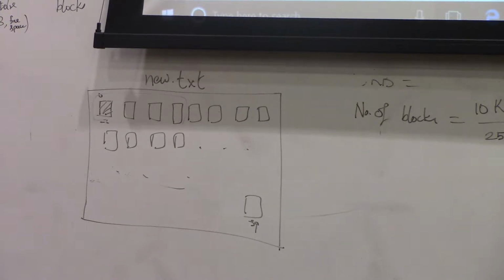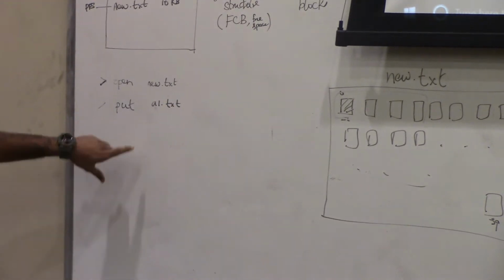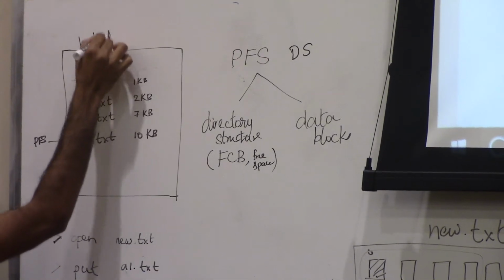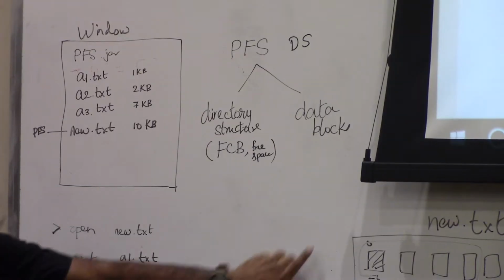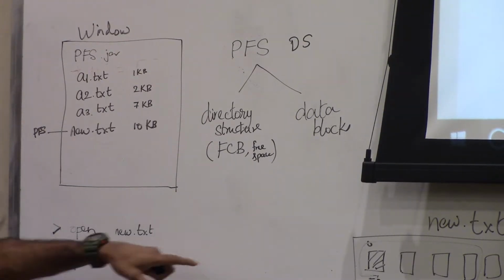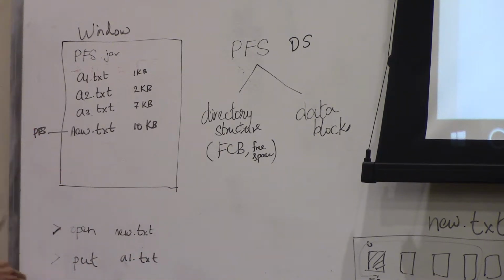We have seen the open file, and now we'll see the put command. So what it does, if you type put a1.txt, so this is considered as a Windows or Linux file system, and this is your portable file system. If I'm giving put a1.txt, you should copy the a1.txt file into your file system.